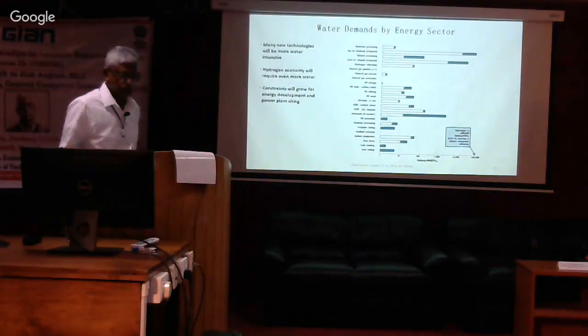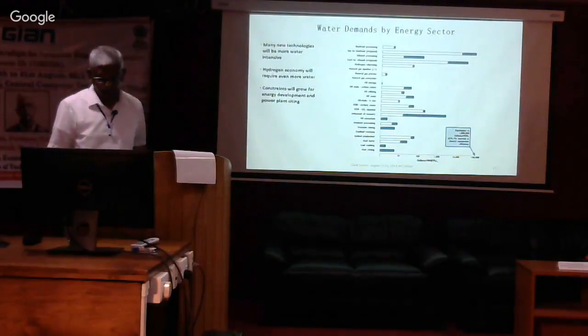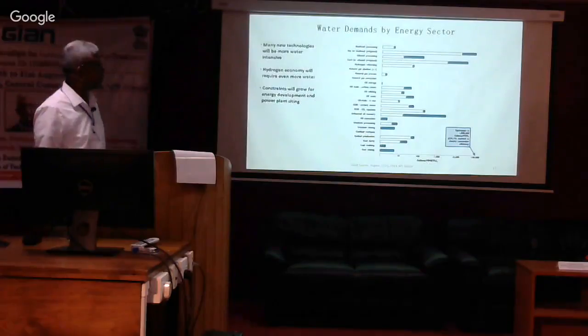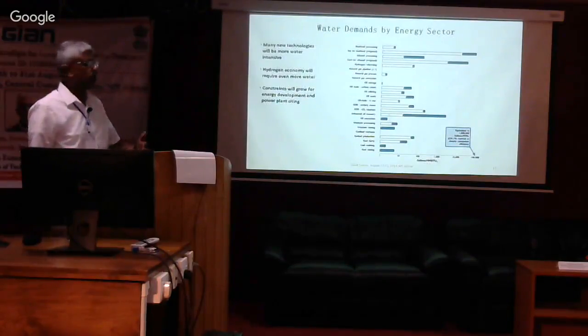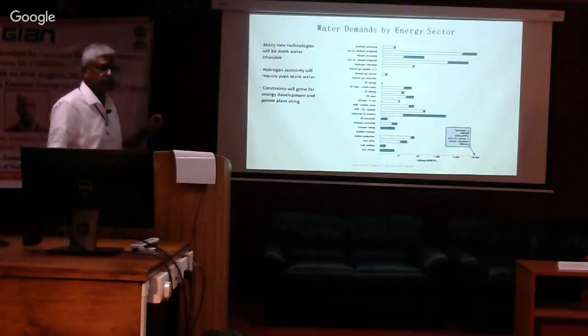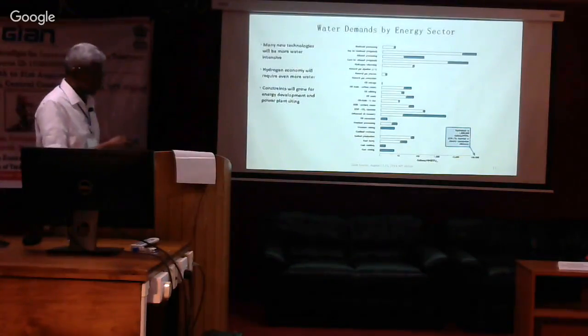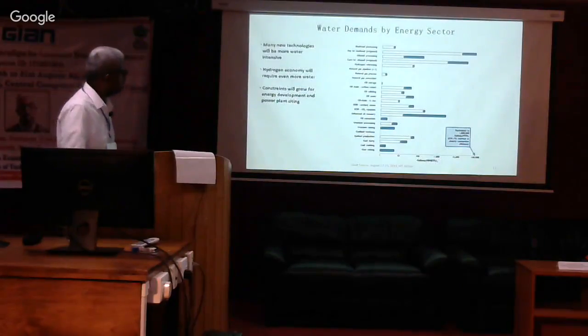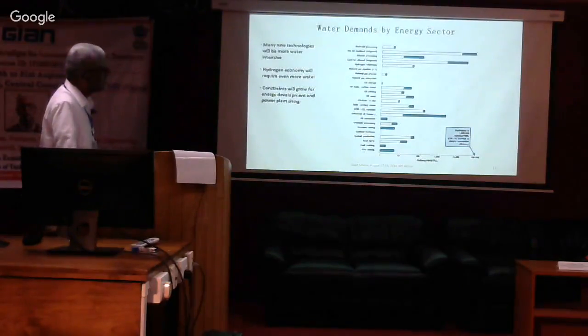Ethanol, again, something that we have been touting as being the answer to our fossil fuel dependence. That grow corn, that generate ethanol out of it, and ethanol can be a fuel. And yes, it is. But in terms of water usage, very high. And I'll just skip the rest because they are not necessarily relevant for us.